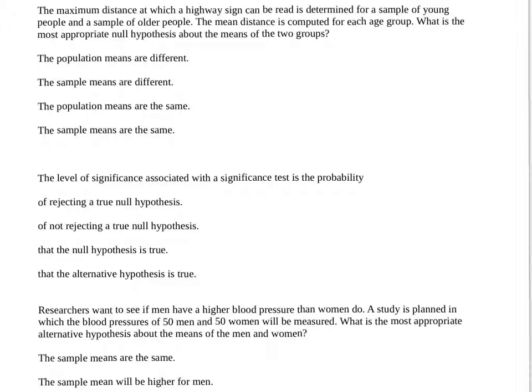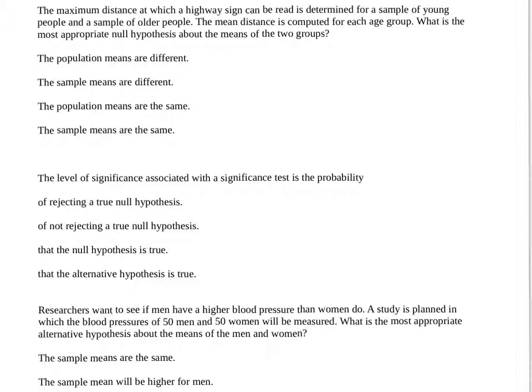All right. The level of significance associated with a significance test is the probability. So, we've already talked about p-values, what a p-value means. So how does the level of significance kind of play into that? How is that related? So we talked before when we had a level of significance of 0.05, right?